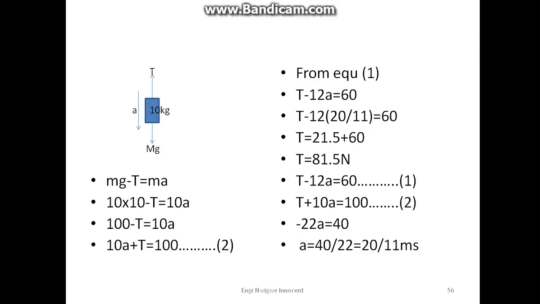T, that is the tension, minus 12 times 20 over 11 is equal to 60. Therefore, T is equal to 12.5 plus 60, and we now get our T to be 81.5 Newton.